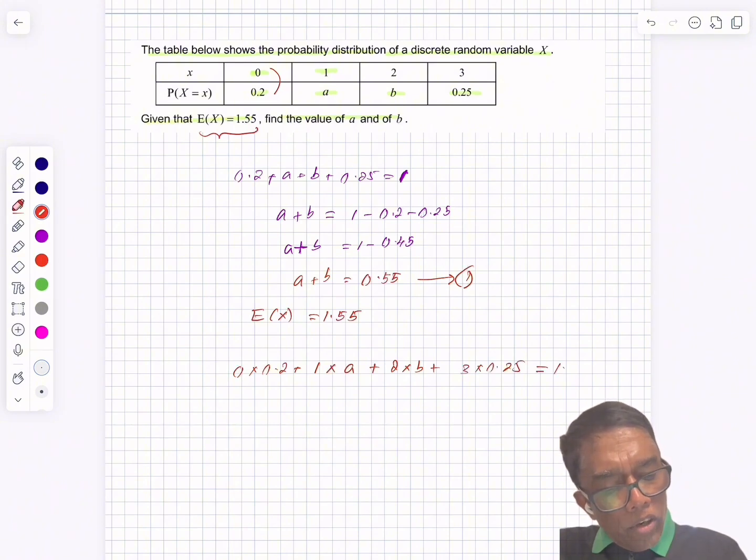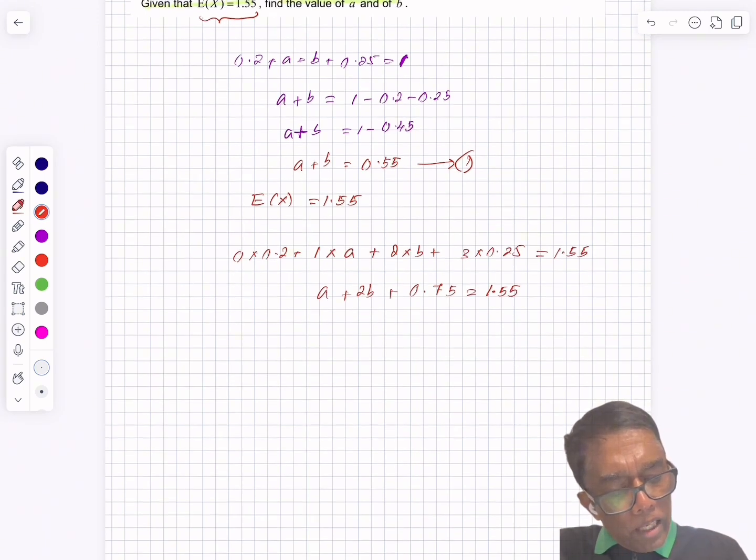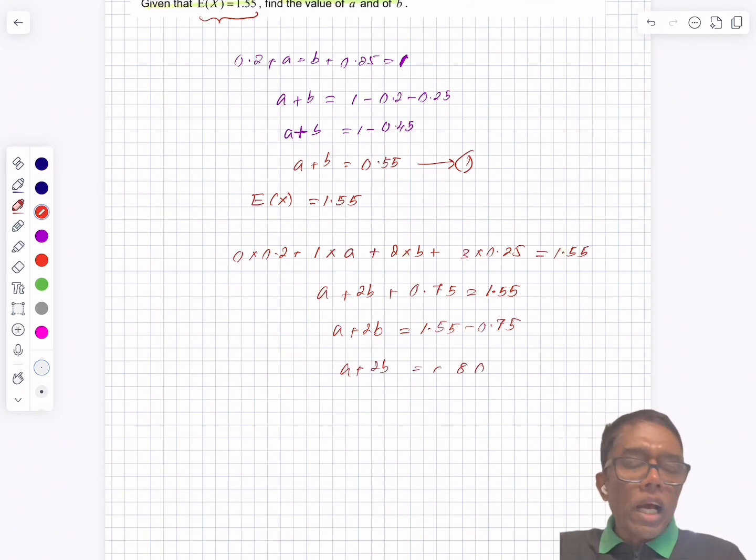This is 0, A plus 2B plus 0.75 is equal to 1.55. Now, A plus 2B is equal to 1.55 minus 0.75. A plus 2B is equal to 0.8. The second equation.